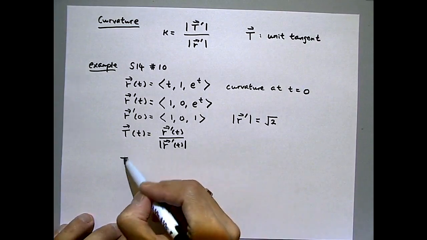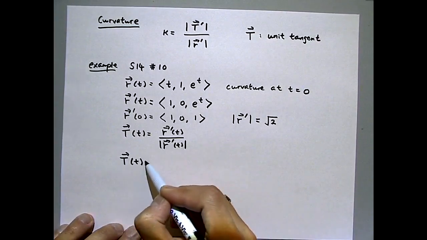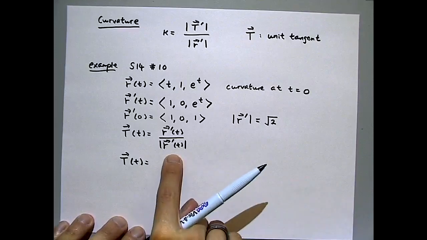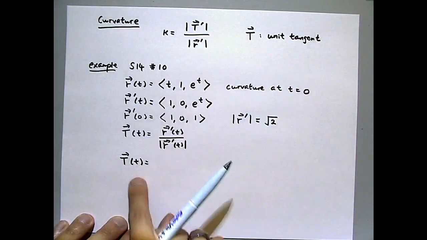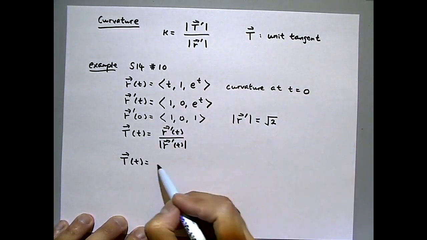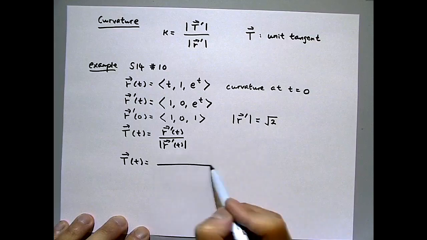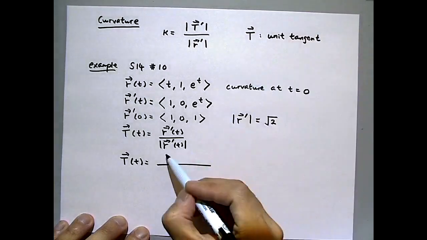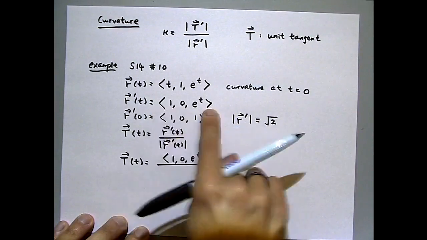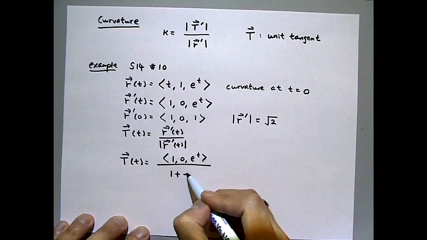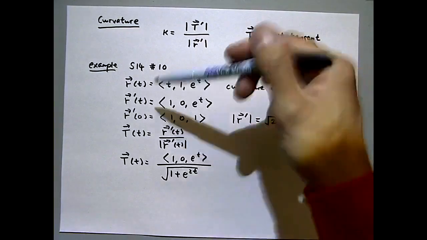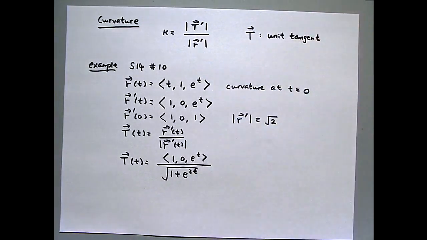So here, because we need to take the derivative later, we need to leave t in there. We'll use this later, but now we gotta get the t into here, little t. So here's our vector r prime. Magnitude of this is that, right? 1 squared plus e to the t squared all under a root.